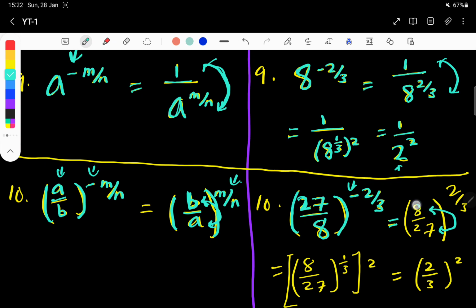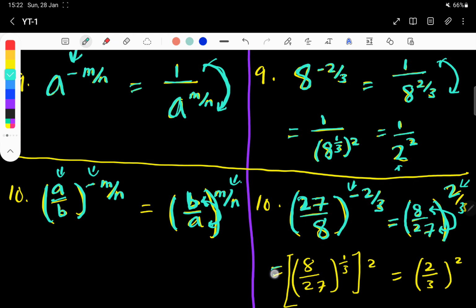So that's why you have 8 over 27, close the bracket. After you upside down it, you can maintain the same power fraction, 2 over 3, no need to change.